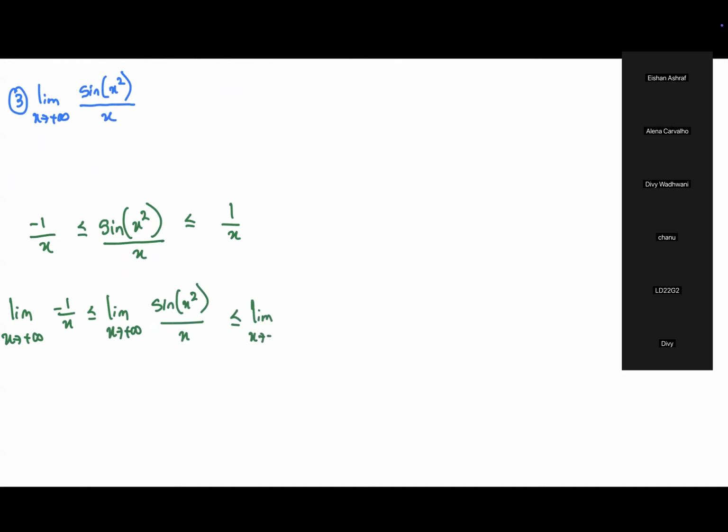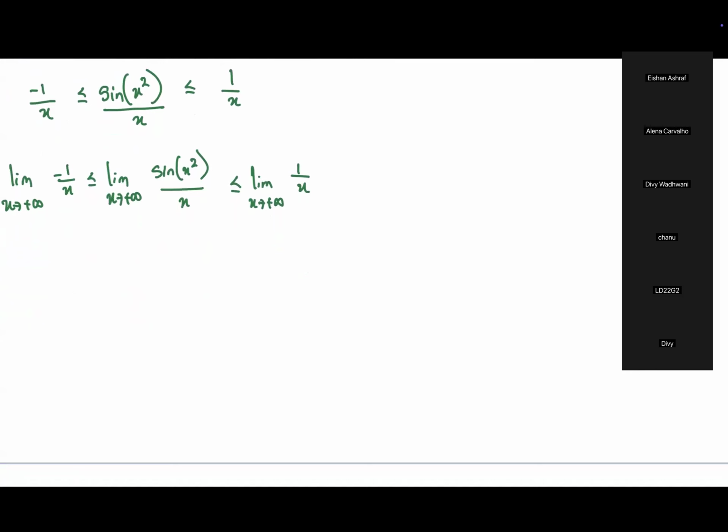Because there is no concrete way to handle it, or I don't see any other way to handle it other than squeeze theorem. Going forward, we know that the limit of -1 over x and 1 over x as x approaches positive infinity will give us 0.